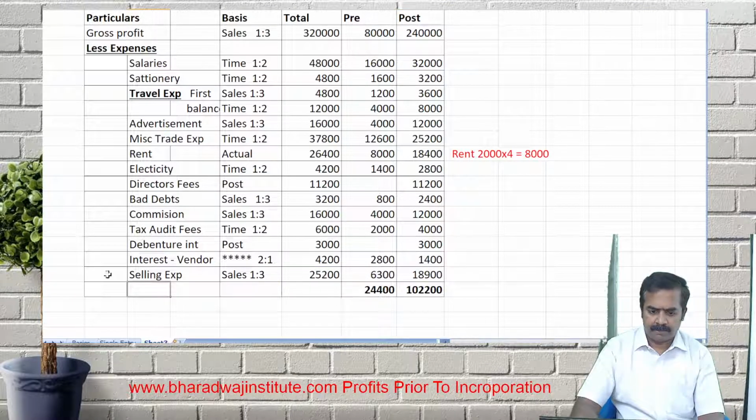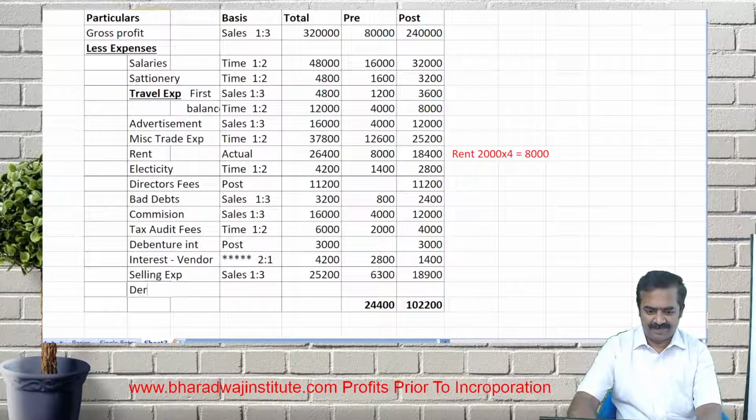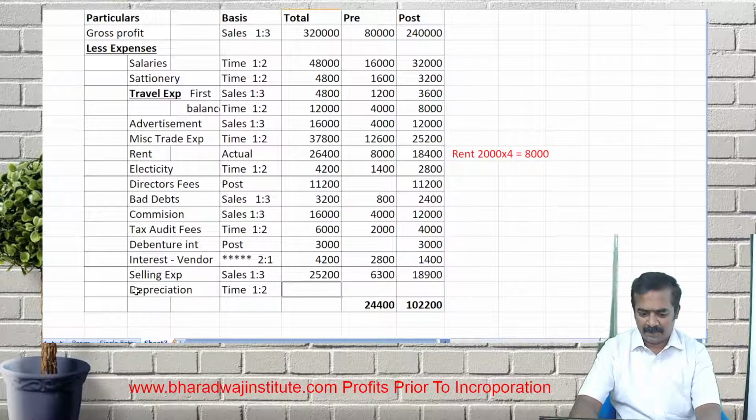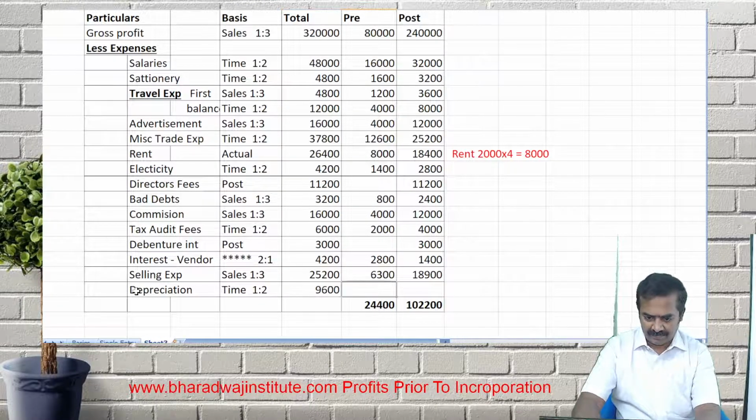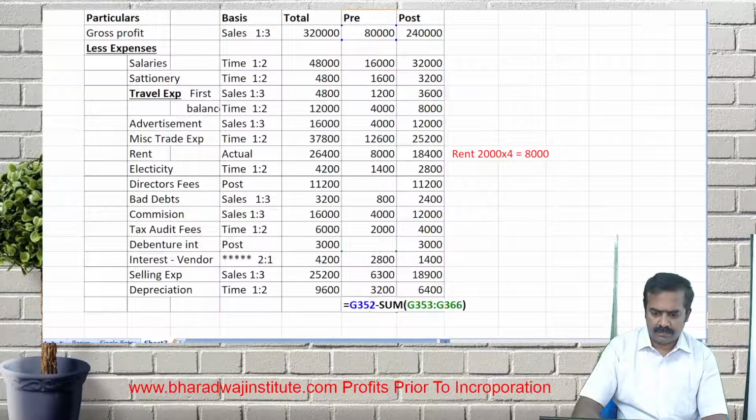Then depreciation, and a ratio, time ratio. 9,000. The key adjustment is 600 for a shipping post incorporation period. அப்படியே என்ன?